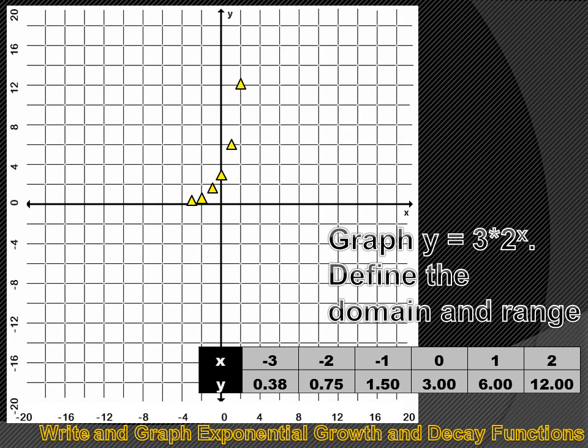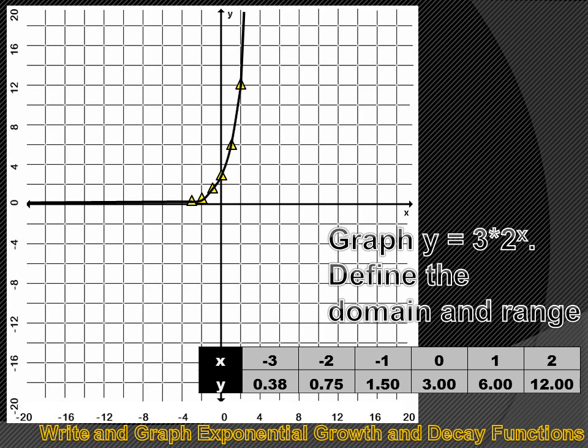And I can graph this by drawing a line that best fit those points. And it looks something like that. And the interesting part about this line is as x gets smaller and smaller, this line keeps getting closer and closer to a y value of 0, but it never reaches a y value of 0.